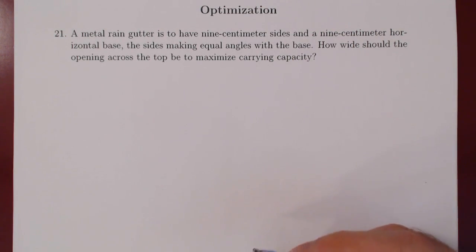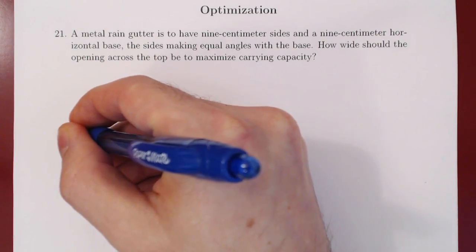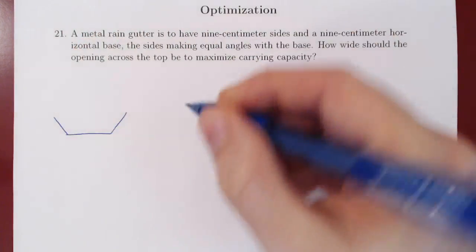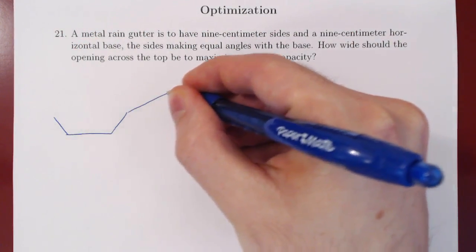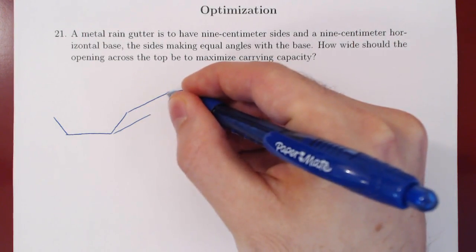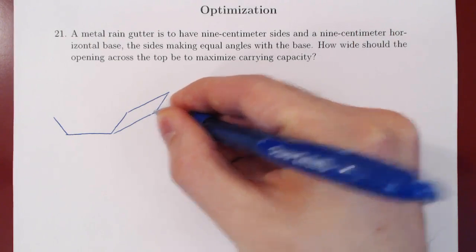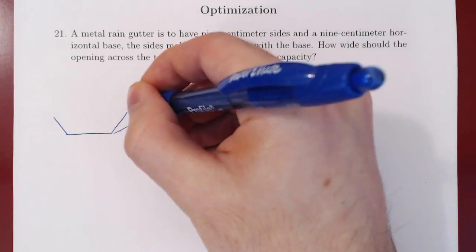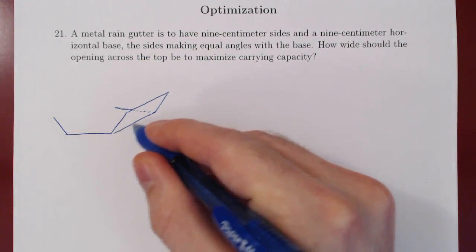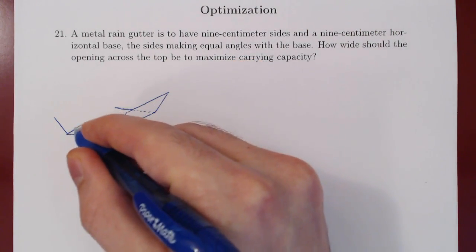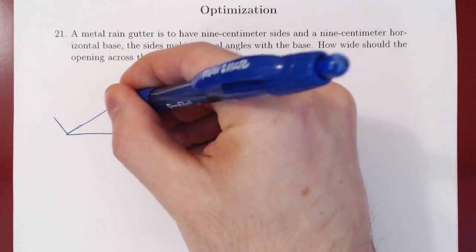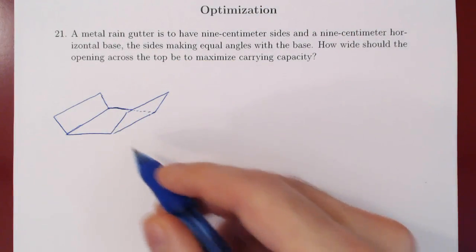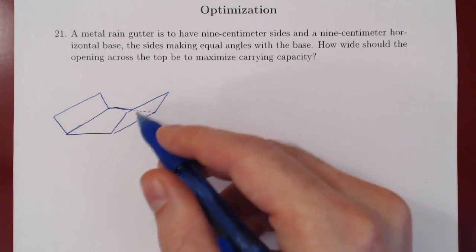So let's try and visualize our rain gutter. Right, we have the base, the two sides, and it would extend something like this, right? So this is your base, this is the left side and the right side, right?